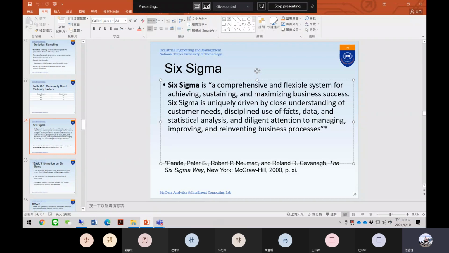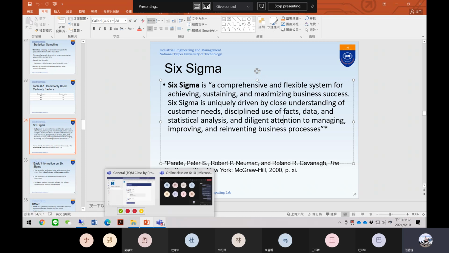Six Sigma is uniquely driven by close understanding of customer needs. So always figure out what the customer needs are, the voice of the customer, and the disciplined use of facts and data, statistical analysis, and diligent attention to managing, improving and reinventing business processes. This is from a 2000 McGraw-Hill book, about the Six Sigma way.